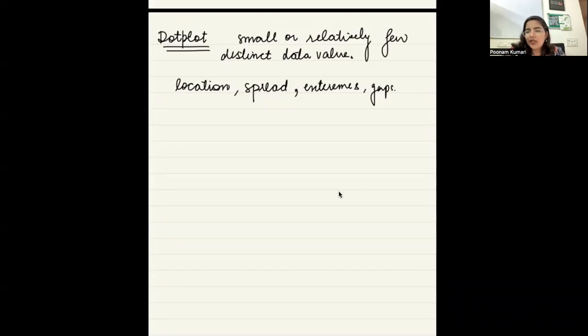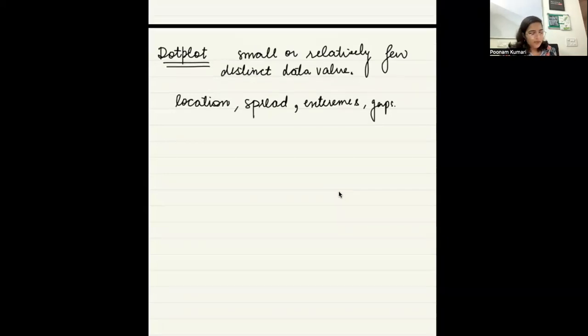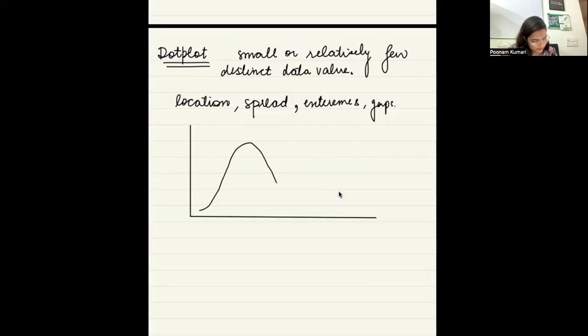Because when you have a data like this, what will you call it? Bimodal.